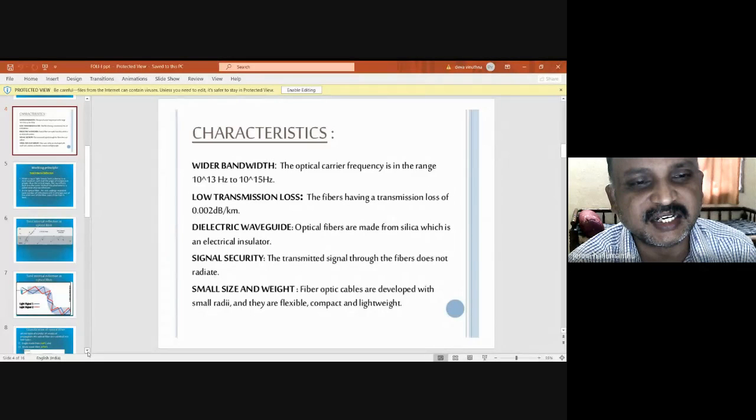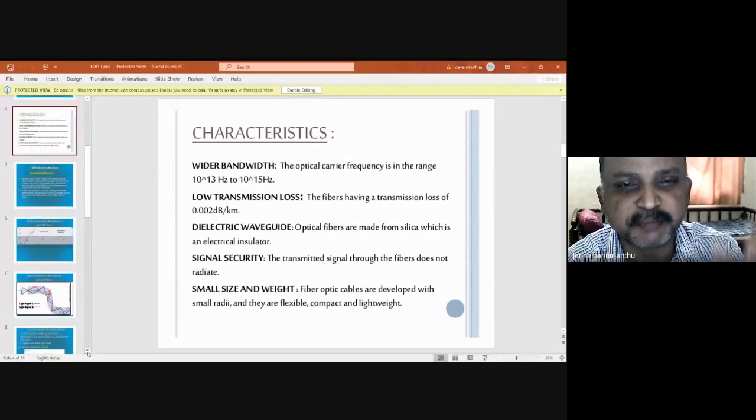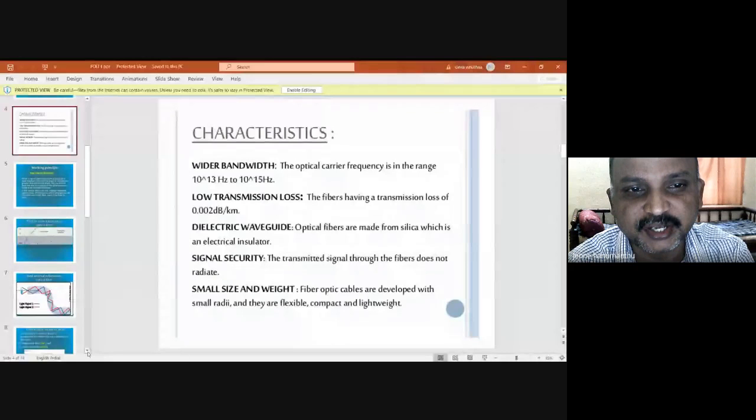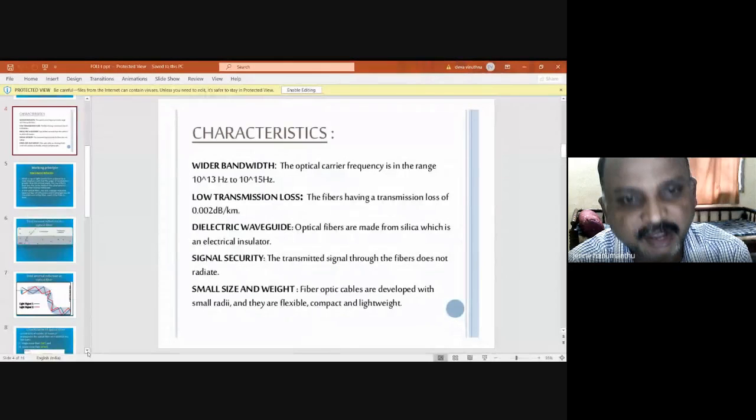It is made with some electrical wires, resistor, capacitor like this. Through that the communication was done in the early days. But nowadays the communication is completely with the fiber cable.